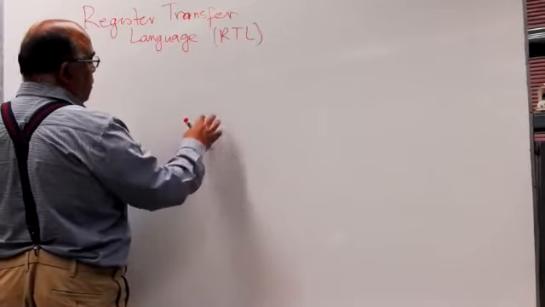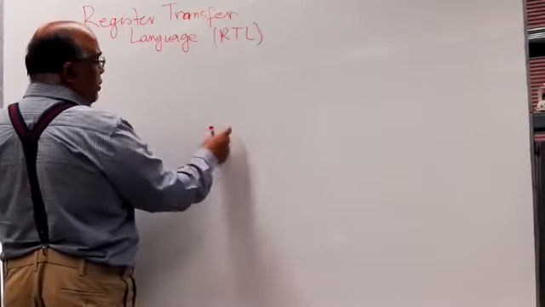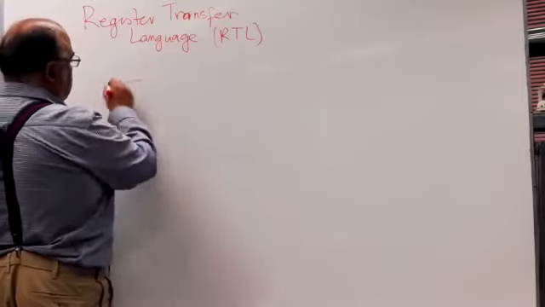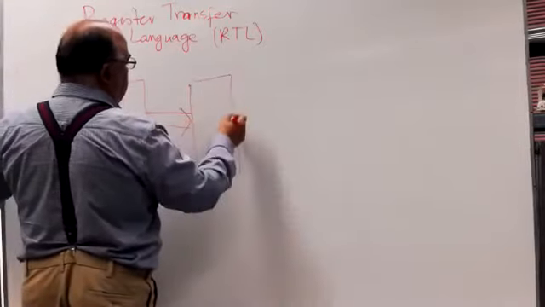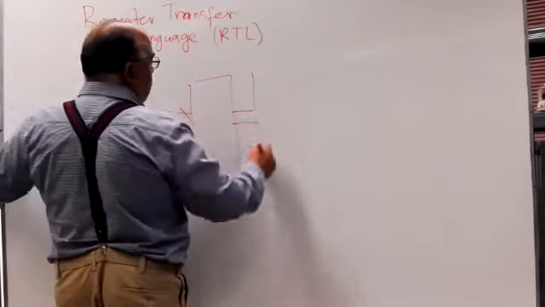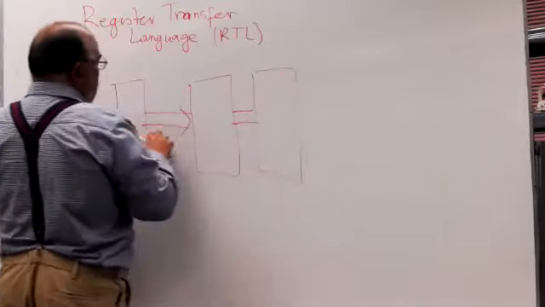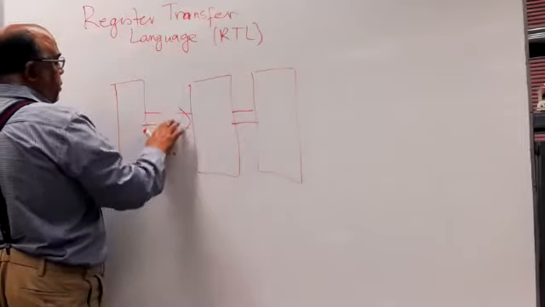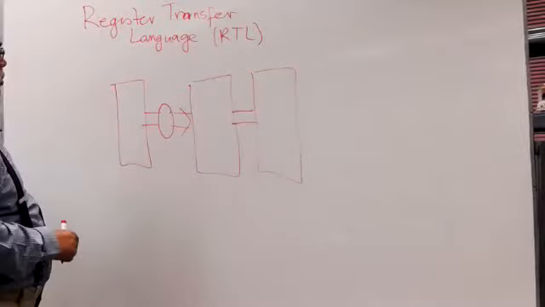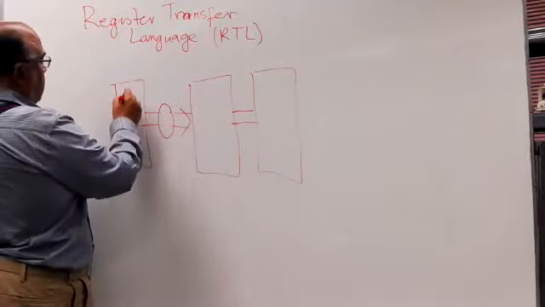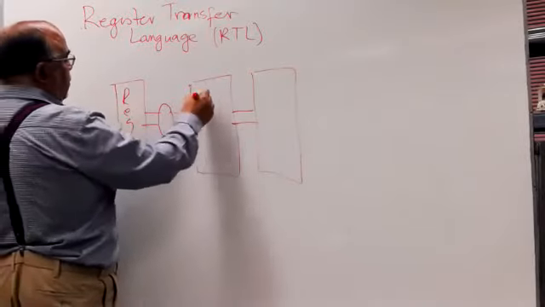That job is done, and then another job is done on that. So a result is stored in another register. Then a job is done, and then stored in another register, because whatever you do here is a combinational circuit that cannot store anything. So this is a register, this is a register, this is a register.